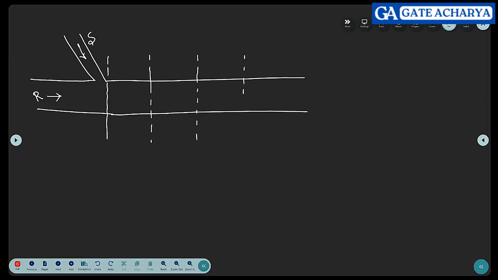So we are going to study the behavior of zones 1, 2, 3 and 4.